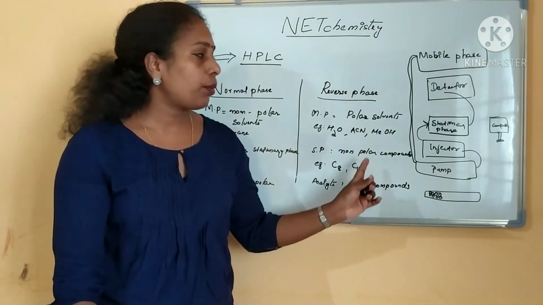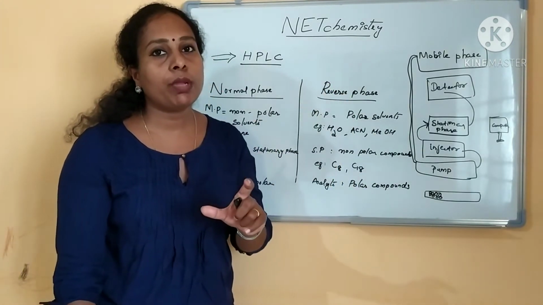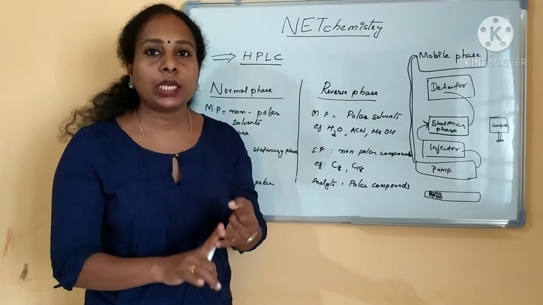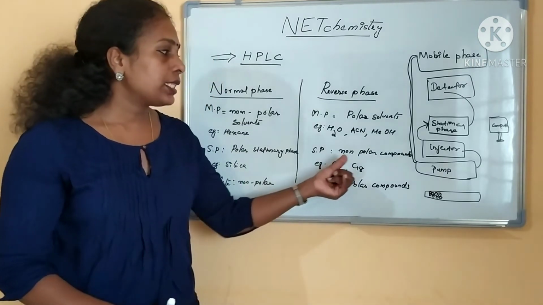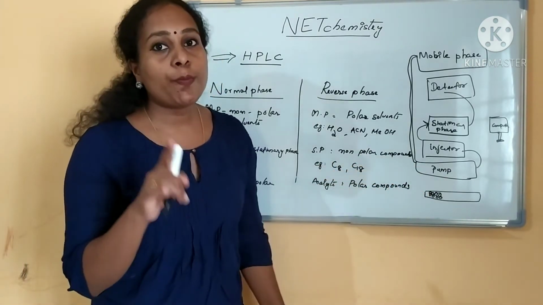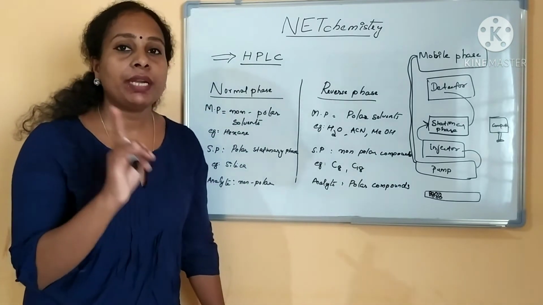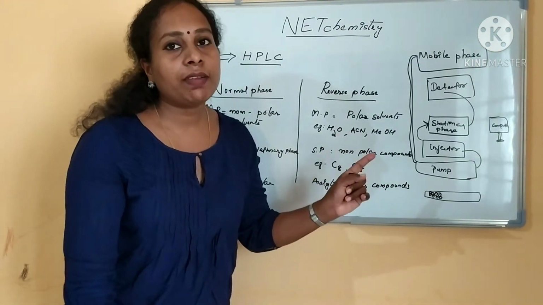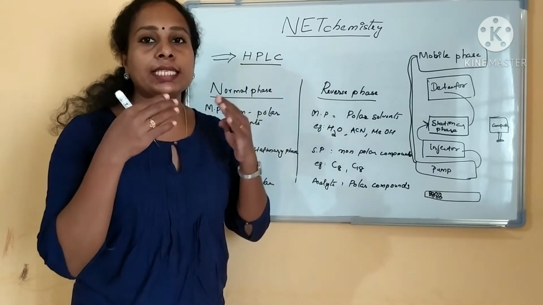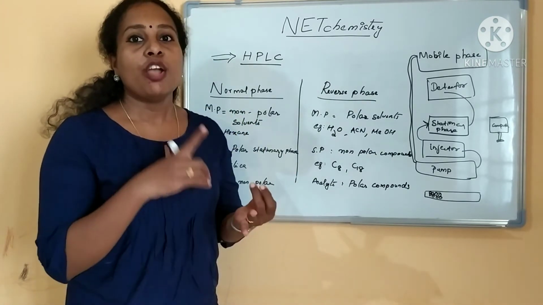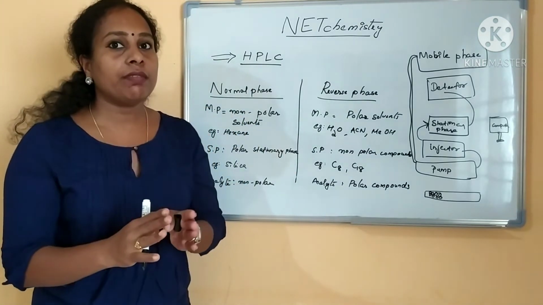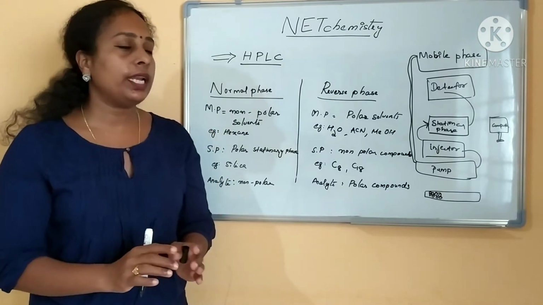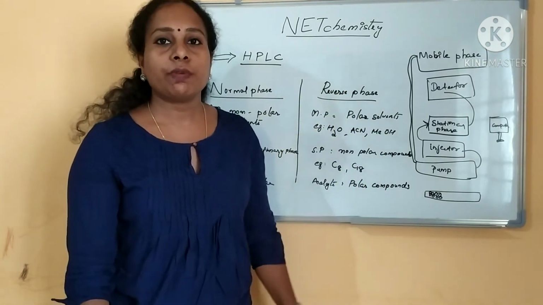In reverse phase chromatography, polar solvents like water, methanol, acetonitrile, etc. are the mobile phase. The stationary phase will be non-polar, carbon 18 chains. The analytes will be polar compounds like aldehydes and phenols. For such analytes, we can use reverse phase chromatography.